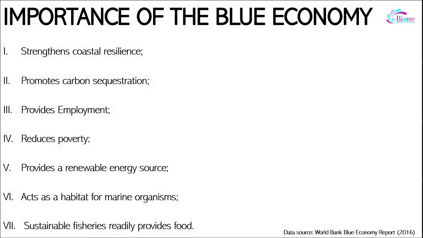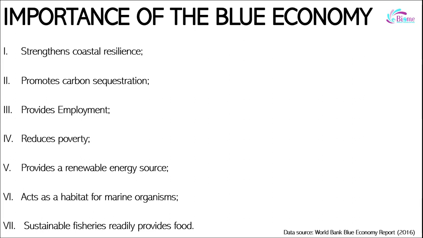It strengthens coastal resilience through our mangroves and through our coral reefs, which help in protecting the coastline from various tides, waves, and surges. There is data that shows that aquatic life, particularly plant life, promotes carbon sequestration 100 times faster than terrestrial forests.